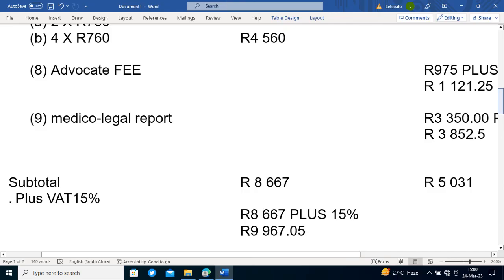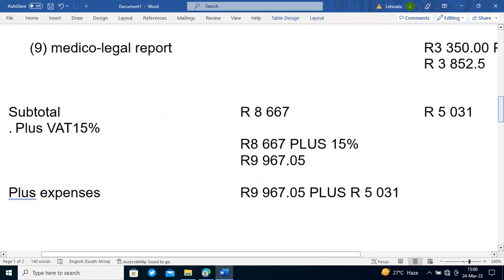Then we move to the last part. So we are almost done. It states plus expenses, so we have to include the expenses. We take the subtotal which we have added VAT on and add it with the expenses. As you can see, the subtotal under fees is 9,967 rand 5 cents.